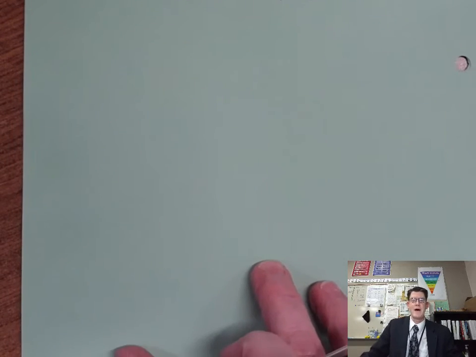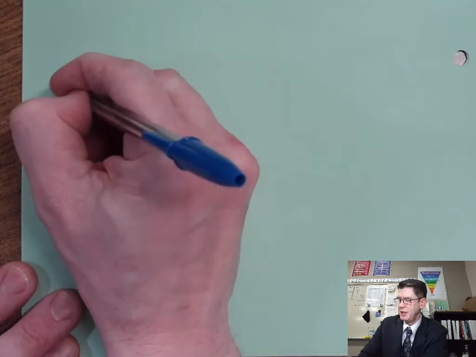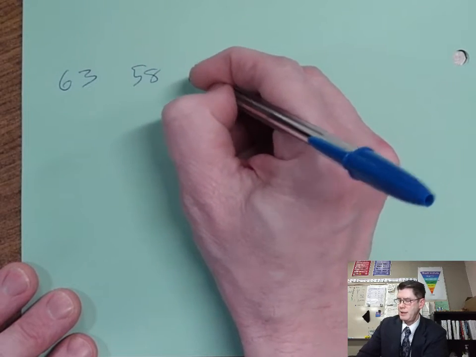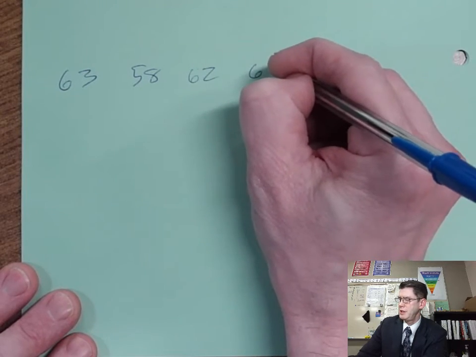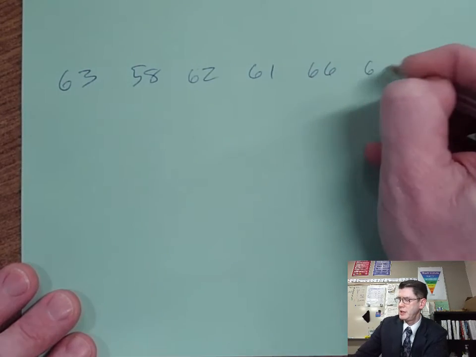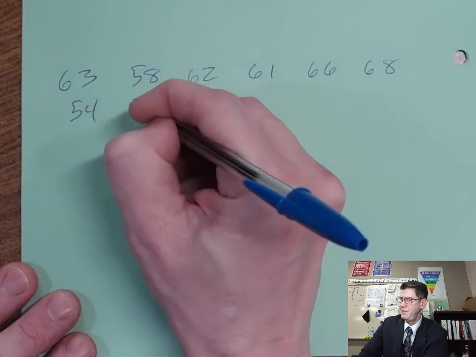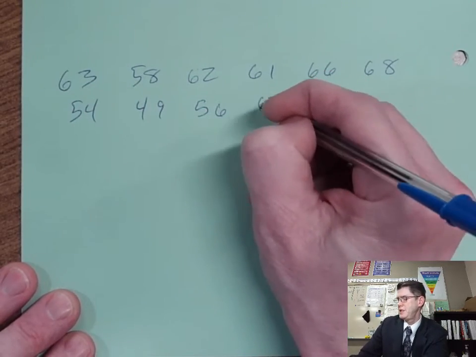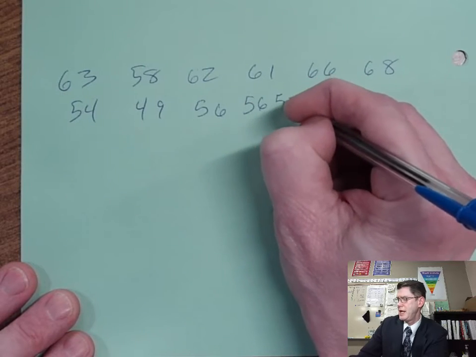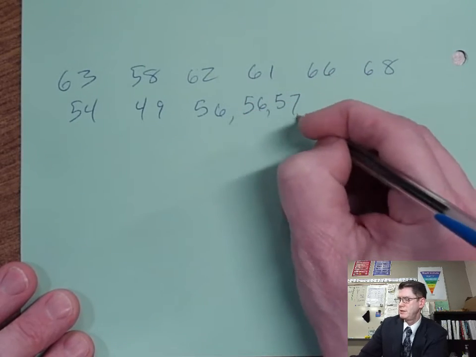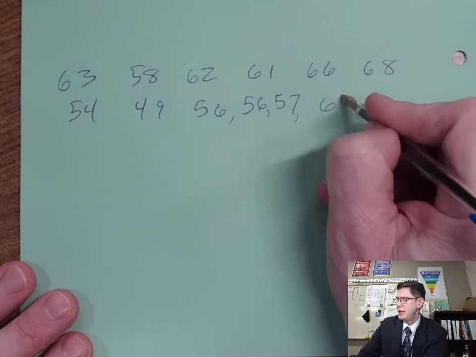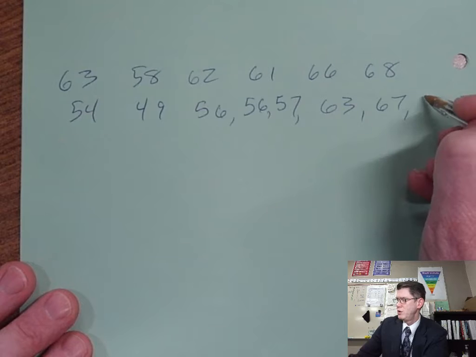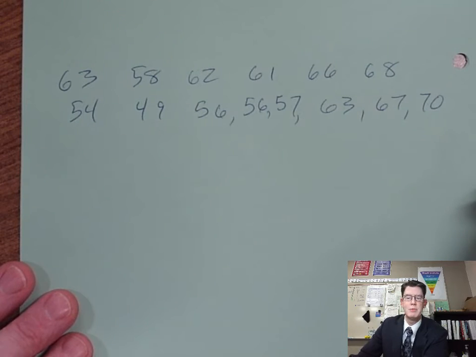Okay, what if I took a bunch of people's heights? They were, I don't know, 63, 58, 62, 61, 66, 68, 54, 49, 56, 50, 56 again, 57, 63, 67, let's do a 70, almost 6 feet tall.